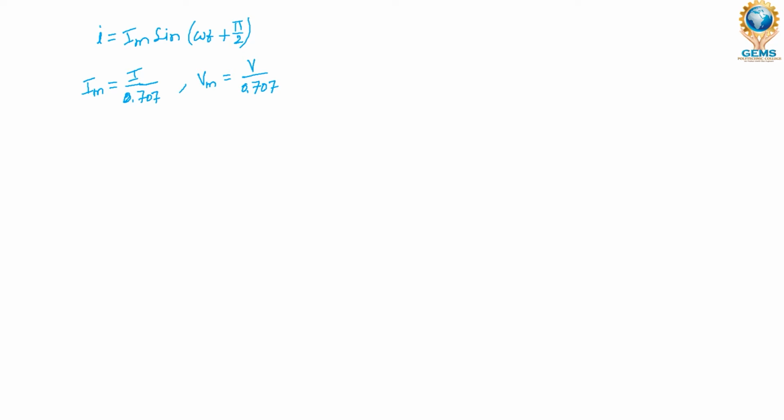If you convert this to average values, this is the formula. In this, now you can see Im, we have in previous slide Im equals to omega into C into Vm.